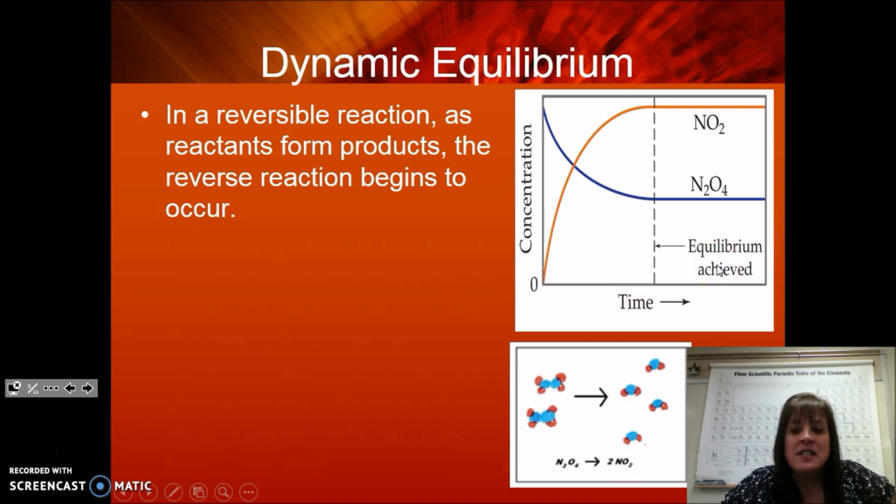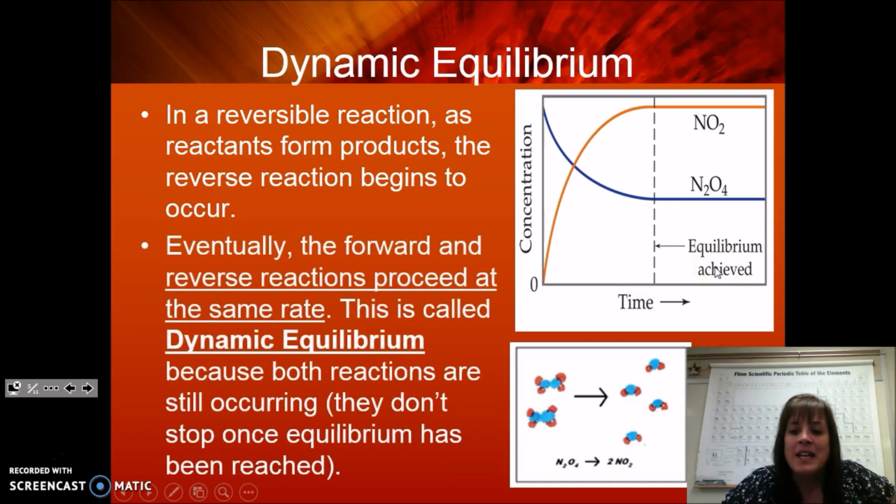And in fact, this is a dynamic equilibrium. So at a dynamic equilibrium, I get to the point where both reactions are proceeding at the same rate. And so I have some N2O4 producing NO2, but I also have some NO2 producing N2O4, and that occurs at the same rate. So my concentrations no longer change.